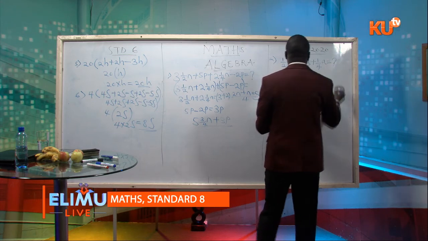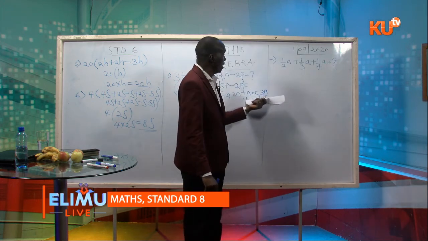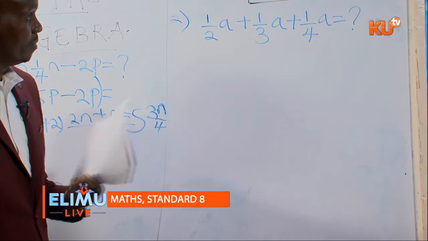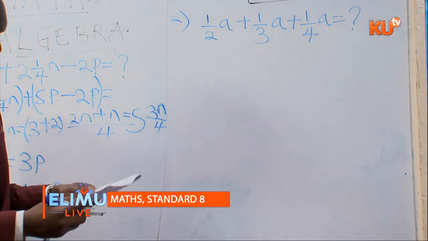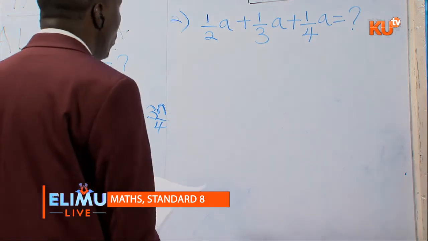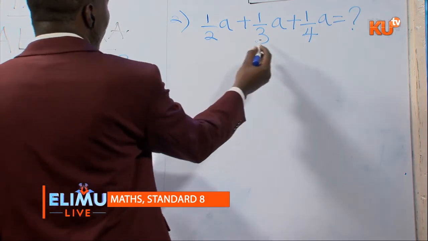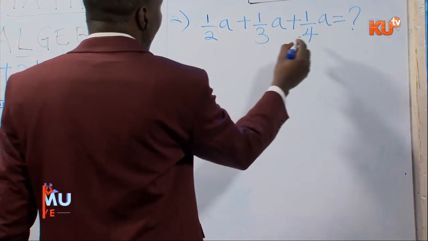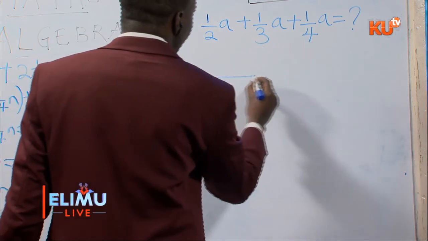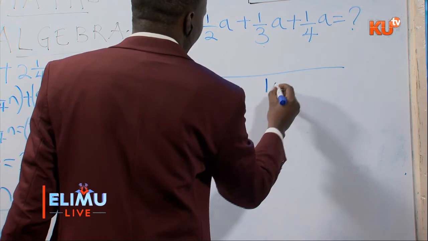What do we get? Here the terms are the same. We have got the like terms. Therefore, we get the LCM of 2, 3, and 4. The LCM here becomes 12.